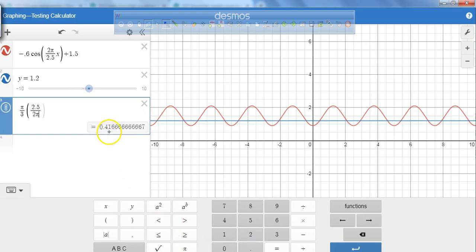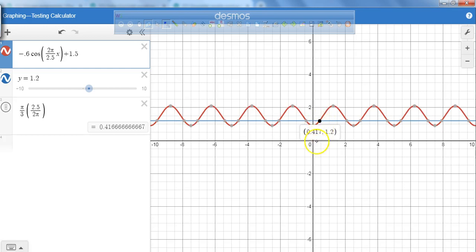We get 0.416, and it goes on forever, 0.416, right? And what I've done is I've typed in our cosine function, I've typed in 1.2, where that's the height. And you can clearly see the very first time, they rounded it, it's 0.417.